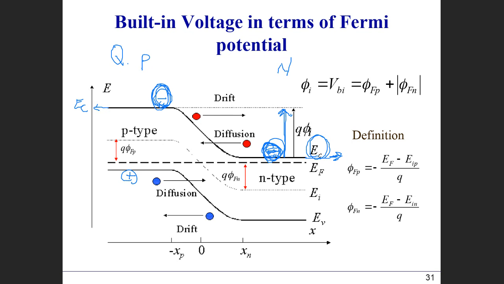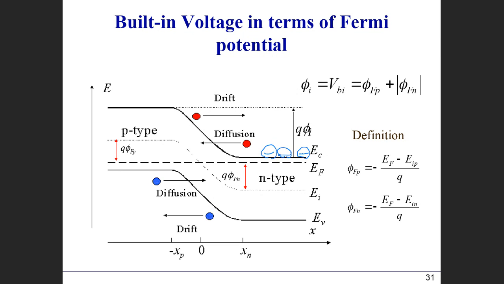In other words, let's say you have the N side. Okay? In the N side, as I mentioned, you have lots of electrons. Now, in the P side, of course, your majority carrier is not the electron but the hole, so you have fewer electrons there.